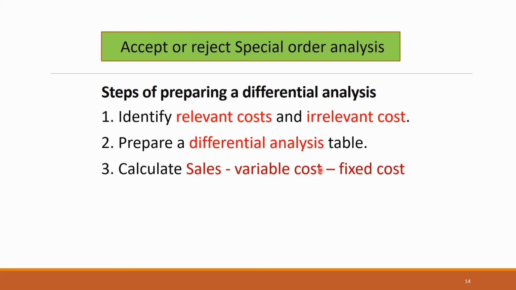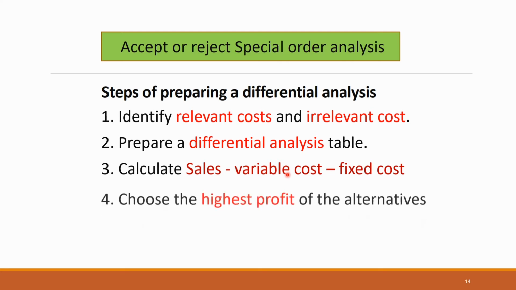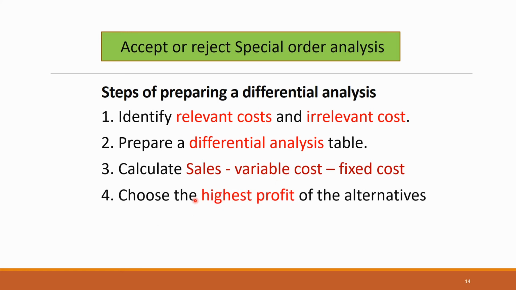Variable cost normally represents relevant costs, and we have to deduct fixed costs. Fixed costs normally represent irrelevant costs. So when you get sales less variable cost, we get contribution margin. Number 4, choose the alternative with the highest profit, either to accept or reject the special order.